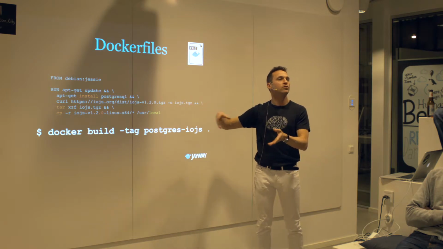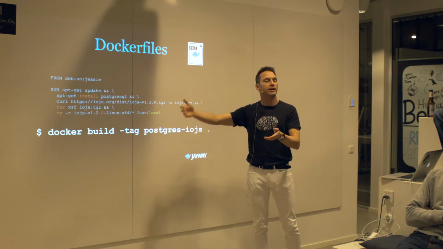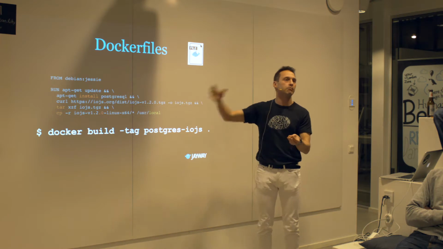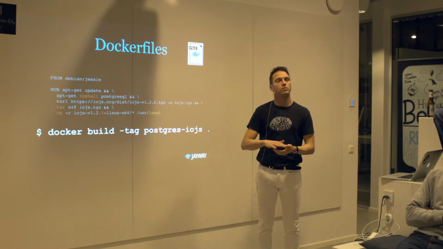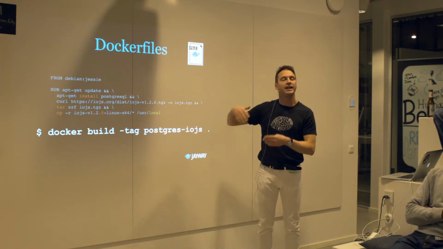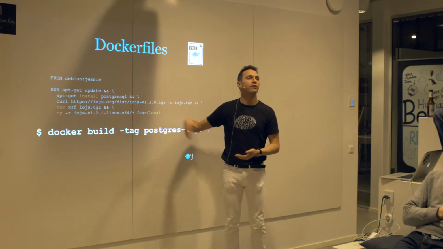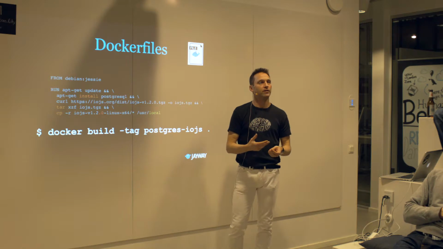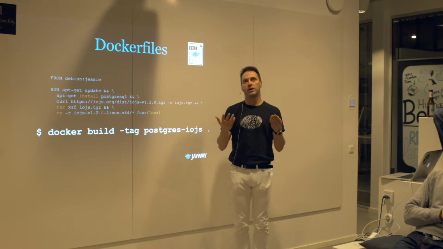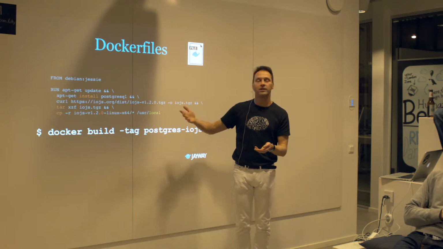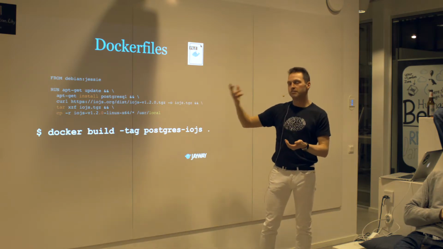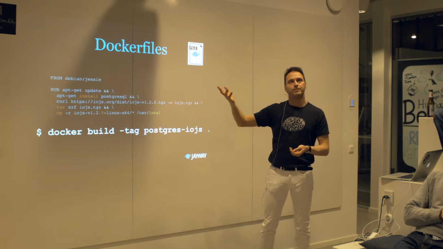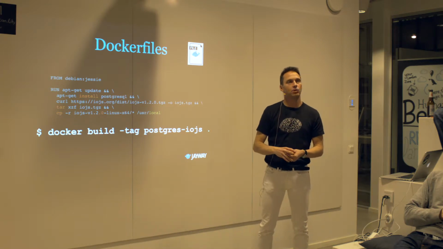So if I really want to flatten the image, I can export the image to a tar archive, and then I can import it again, and then I get a one level image. But then I lose out on the versioning part, so I don't get the speed. So for development, I would definitely prefer to have a lot of layers. When I go into production, maybe I try to flatten it a bit more.